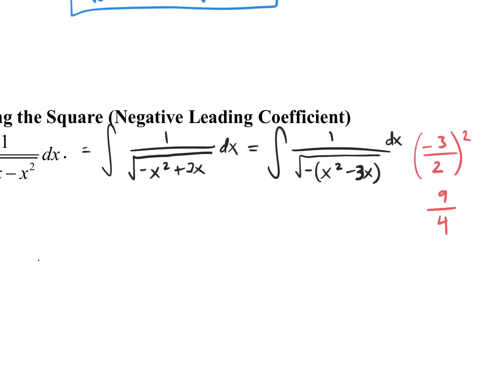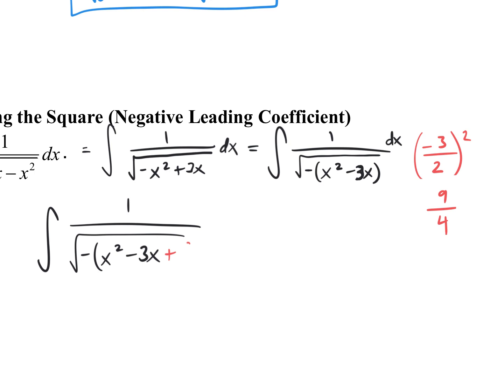Okay, so I've got the integral of 1 divided by the square root of negative, x squared minus 3x, and then I'm going to add 9/4. But then this is where it gets tricky.